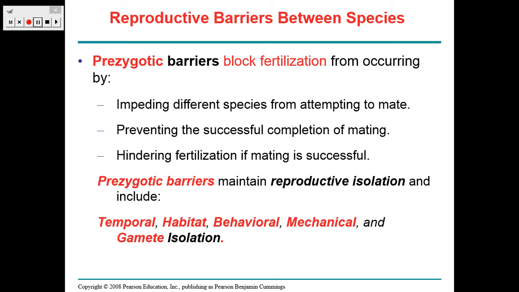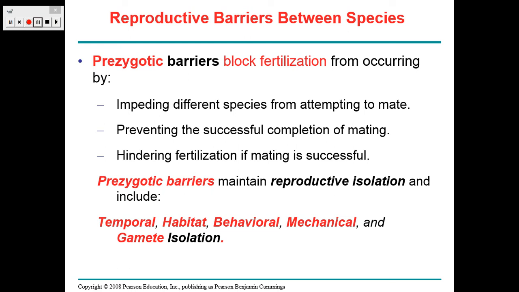So these are things that actually stop fertilization from happening, and there are a lot of different ways that can happen. We can impede the different species from attempting to mate. We can stop them from completing mating, so they could try and have it not work, or they can hinder fertilization itself if the mating is successful. So they can mate, but then there's no product made.